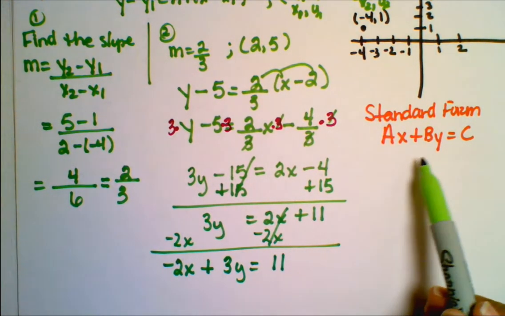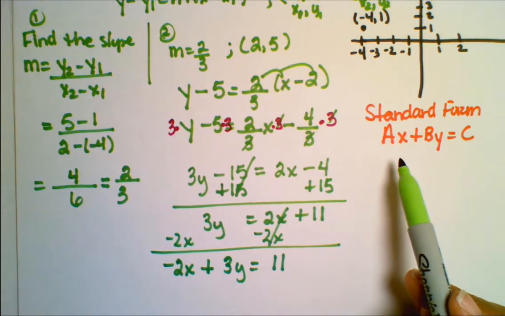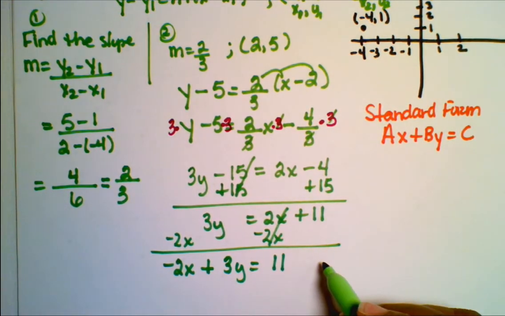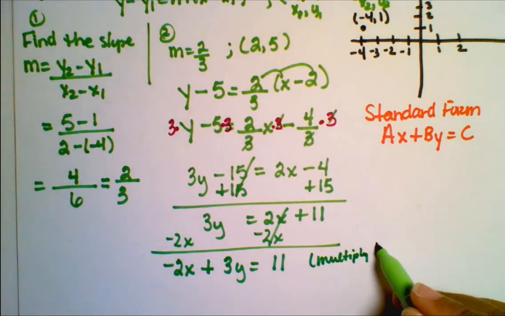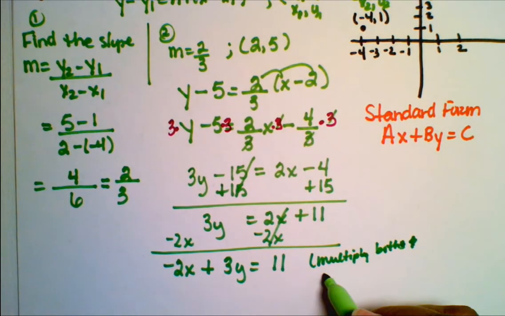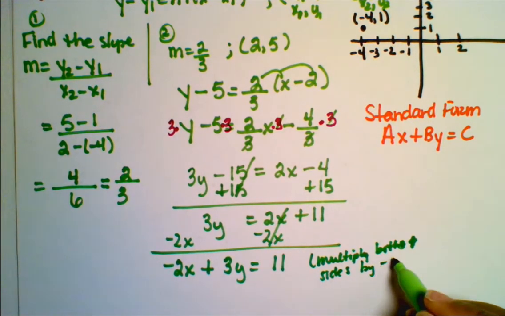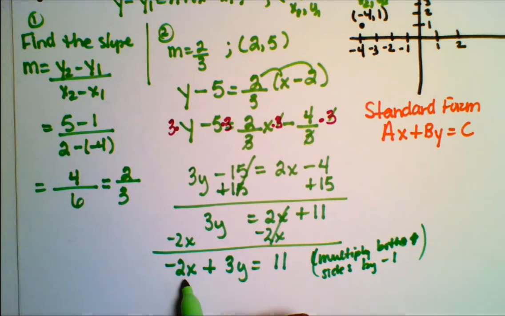All right, so it's in standard form, but remember, we never want to have a negative term when we're writing our solution in standard form. So what we're going to do is multiply both sides by -1. So it's okay if the y is negative and the constant term, but we don't want the x term to be negative.